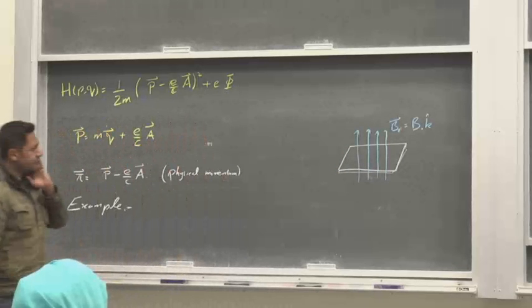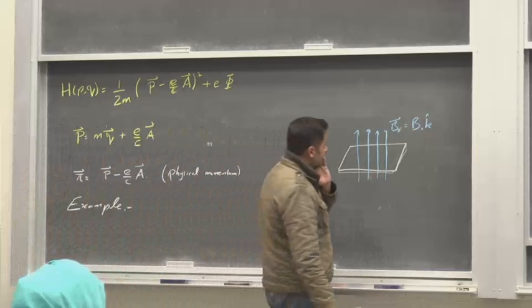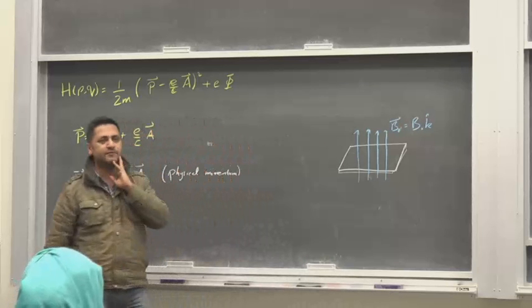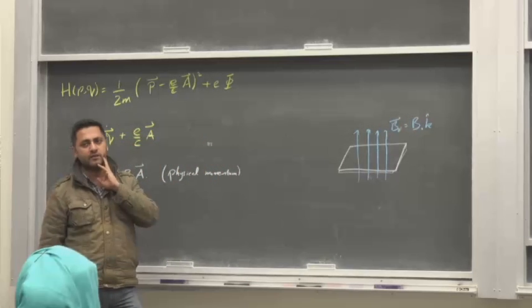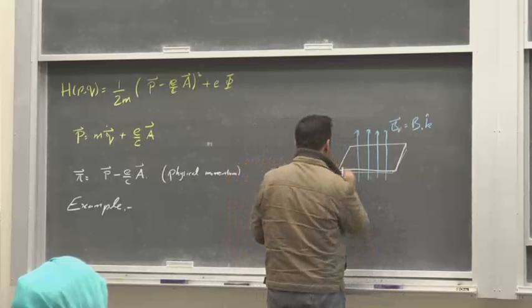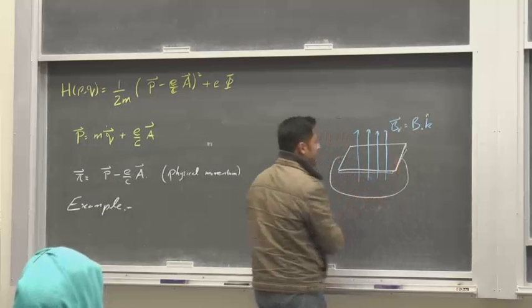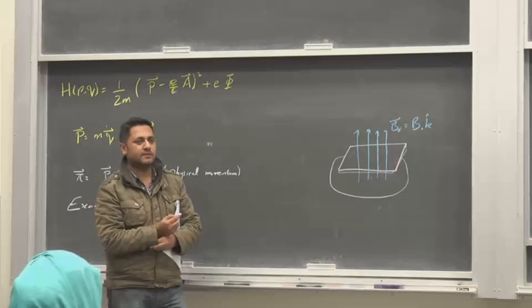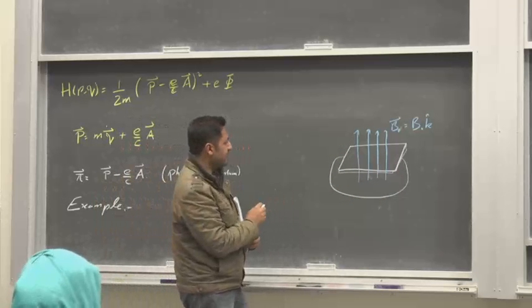So if you recall from some of your previous classes, this is the setup for the Hall system. Now if I apply a voltage across over here, then this is what you are told in a hand-waving way.